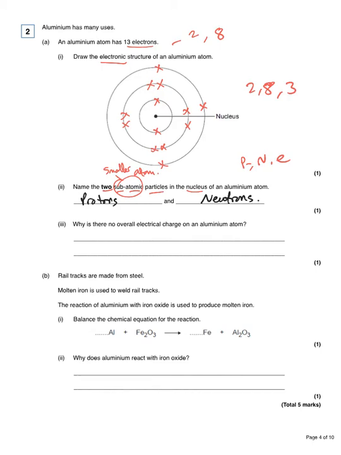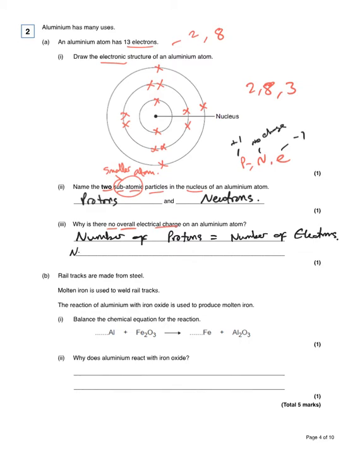Next question, why is there no overall charge? Well, let's think of these 3 particles. Protons are +1, neutrons have no charge, and electrons have -1. So, in a normal aluminium atom, the number of protons equals the number of electrons.